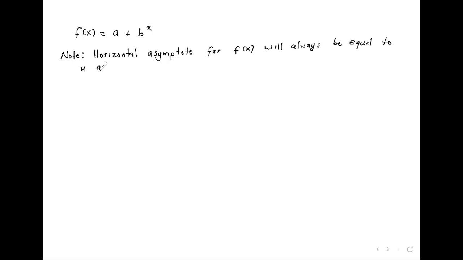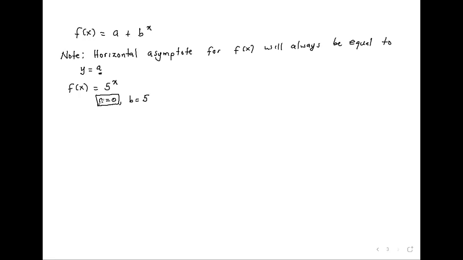So it will be y is equal to a. So in the previous question, where we had f of x is equal to 5 to the power x, a here was 0 and b was 5. That's why the asymptote was the line y is equal to 0, which is the x-axis.